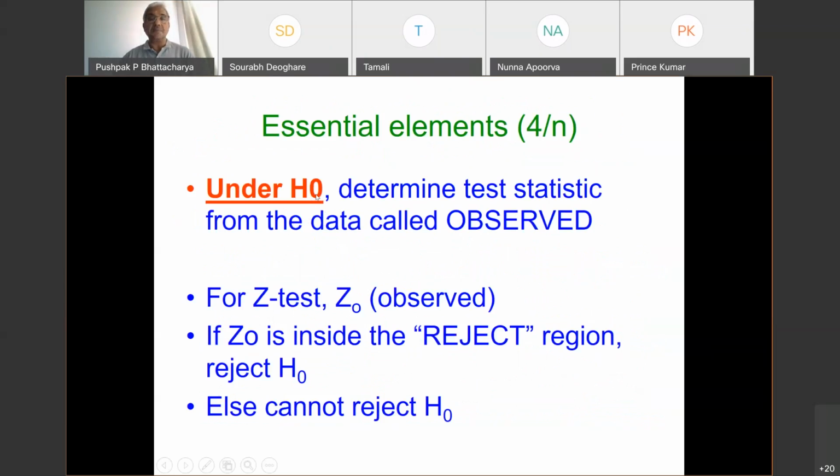Under the null hypothesis, what can we say about the data? For the Z-test, we'll get ZO, the observed Z, from the data. And if ZO is inside the reject region, we will reject the null hypothesis, reject H0. This is the methodology.